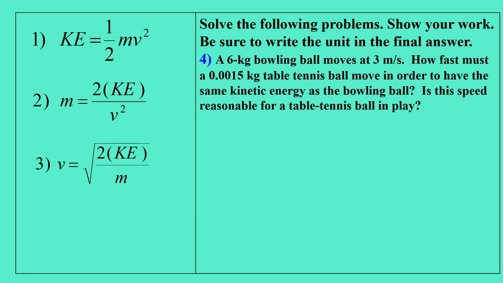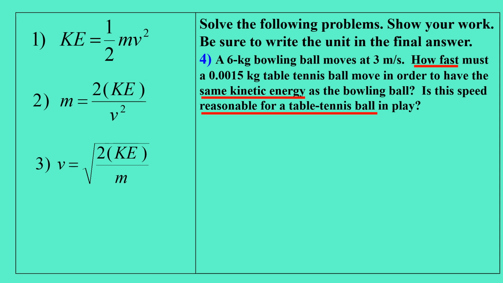Number 4. A 6 kilogram bowling ball moves at 3 meters per second. How fast must a 0.0015 kilogram tennis ball move in order to have the same kinetic energy as the bowling ball?